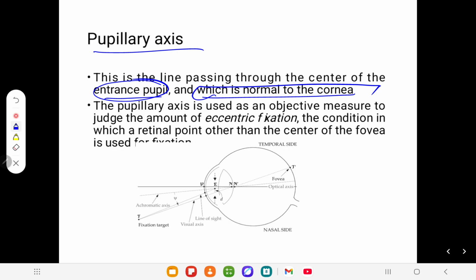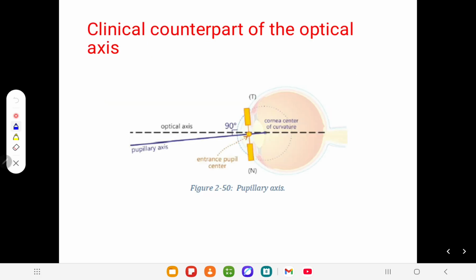The pupillary axis is used as an objective measure to judge the amount of eccentric fixation, a condition in which a retinal point other than the center of the fovea is used for fixation. See this: in the case of the pupillary axis, we are not regarding anything as a fixation point. From the center of the entrance pupil, the line passes through the cornea, making 90 degrees with the cornea.